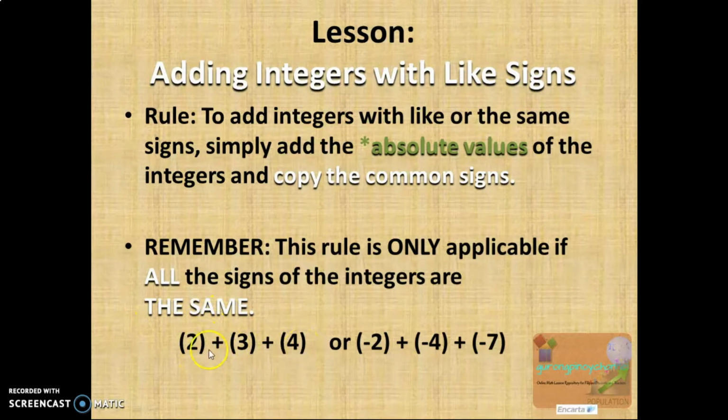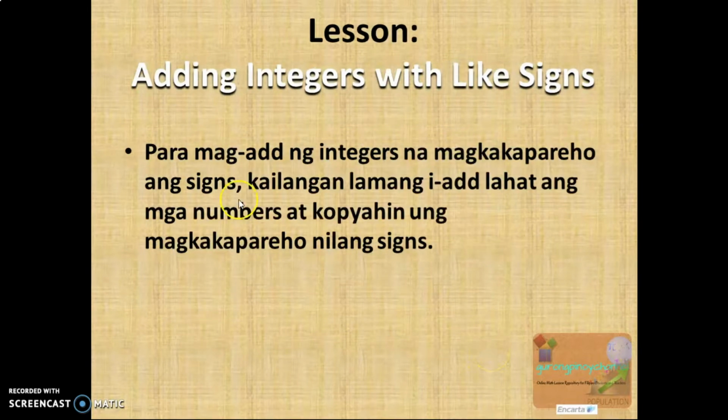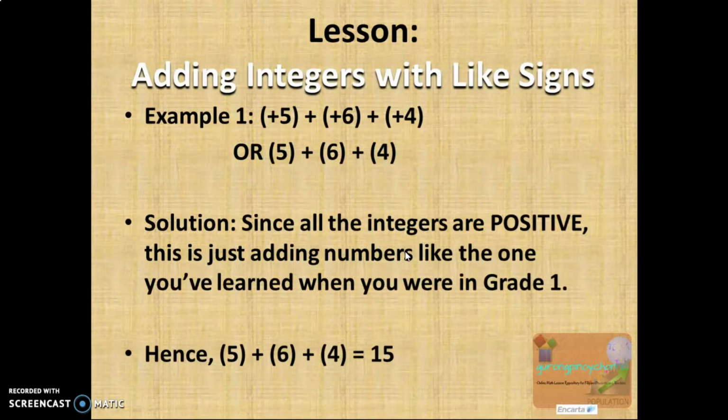Lahat sila positive, or negative 2 plus negative 4 plus negative 7. Lahat naman sila ay negative. Now, in Filipino, this is the rule. Para mag-add ng integers na magkakapareho ang signs, kailangan lamang i-add lahat ang mga numbers at kopyahin yung magkakapareho nilang signs.